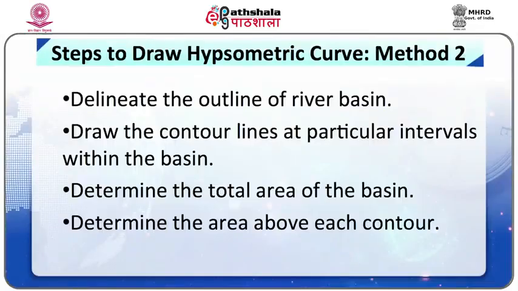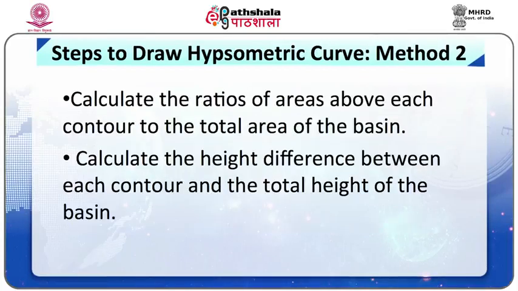There are 9 steps to draw hypsometric curve. In this method, first delineate the outline of the river basin. Then draw the contour lines at particular intervals within the basin. Next, determine the total area of the river basin. Next, determine area above each contour. Then calculate the ratio of areas above each contour to the total area of the basin.